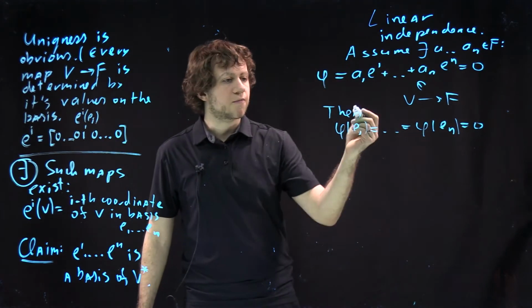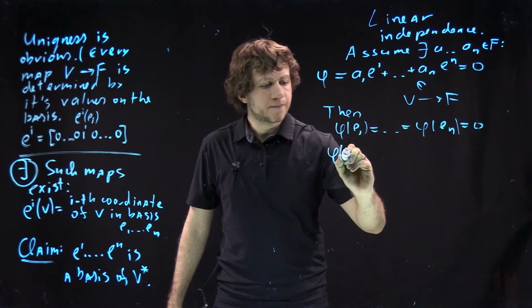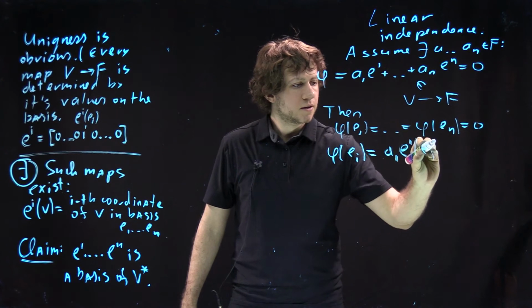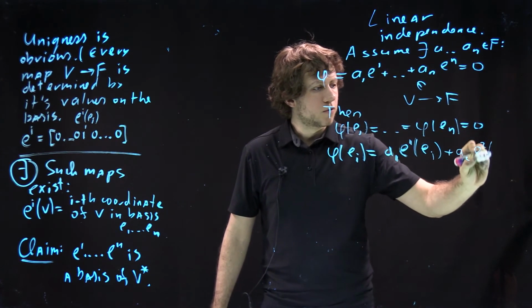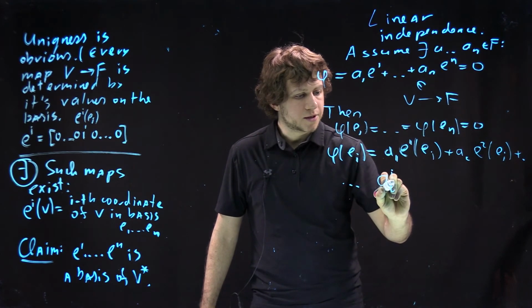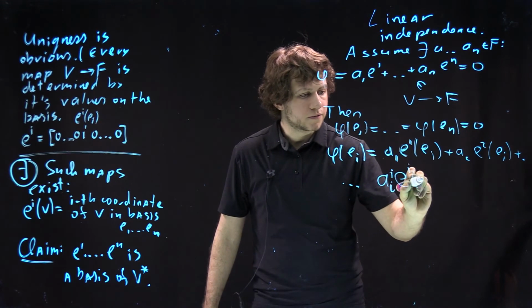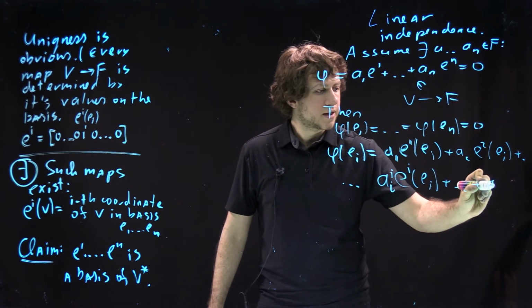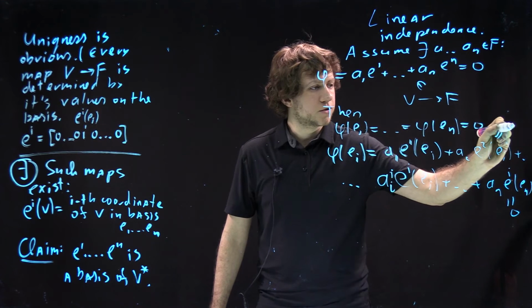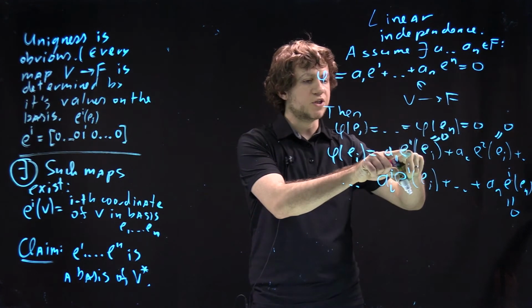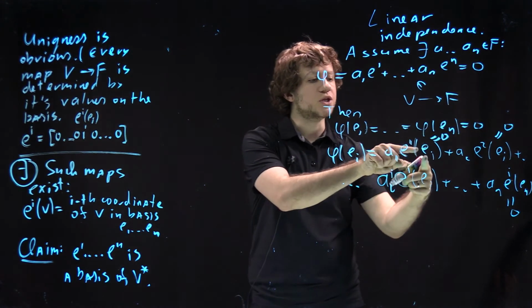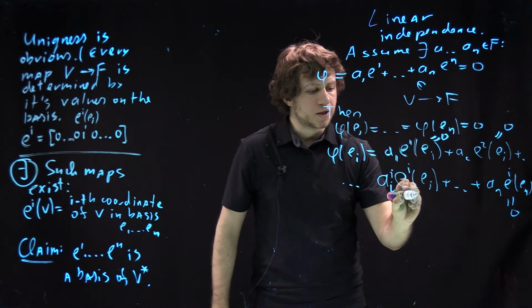So whatever vector you plug in, you definitely get 0. So let's plug in some vector. So phi of e_i equals a_1 e^1 of e_i plus a_2 e^2 of e_i plus and so on up to e^i of e_i plus and so on plus a_n e^i of e_n. So that's all 0, because we just defined e^i in a way that e^i applied to e_j equals 0, except for this one, and this equals 1.